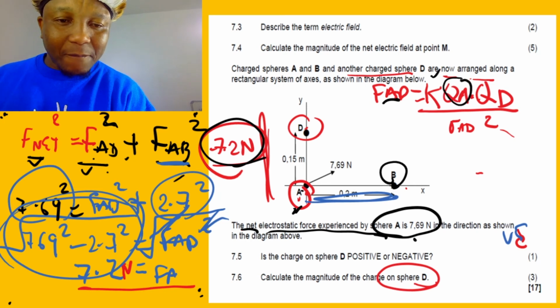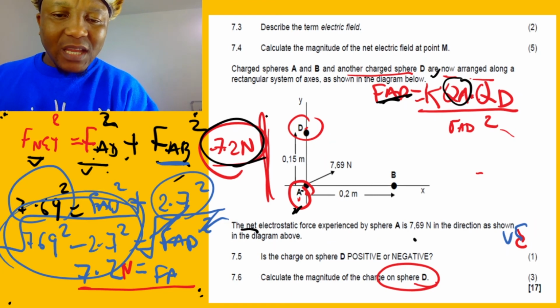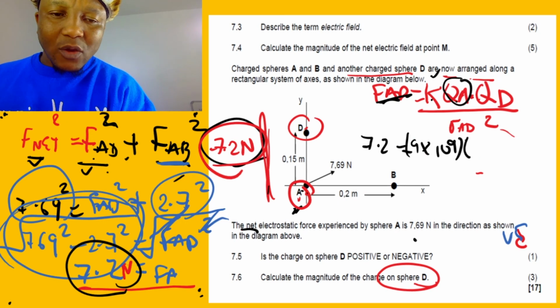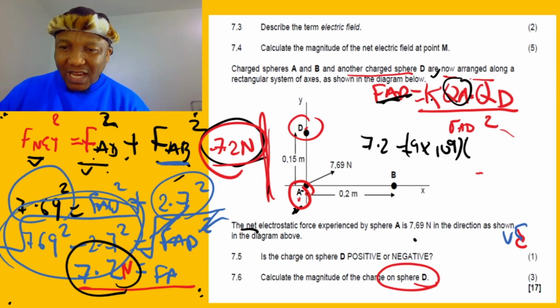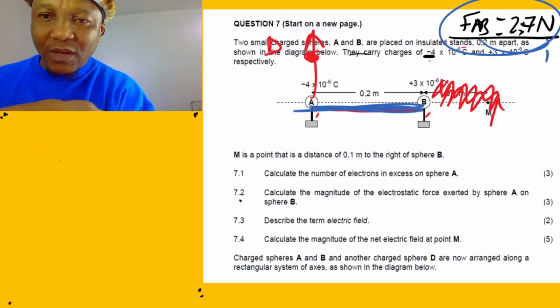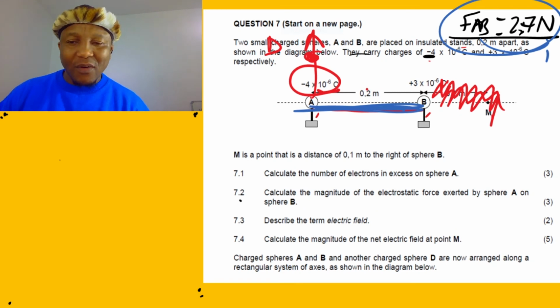The charge of A is 4 times 10 to the power negative 6.